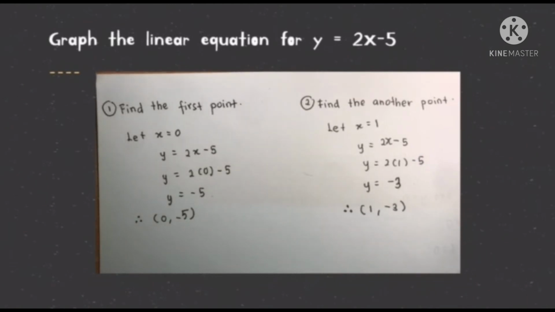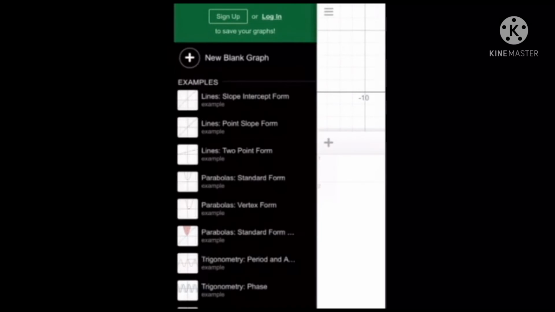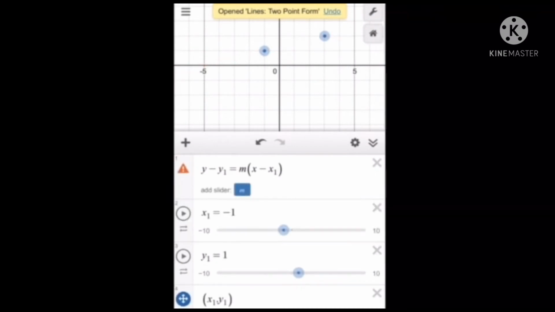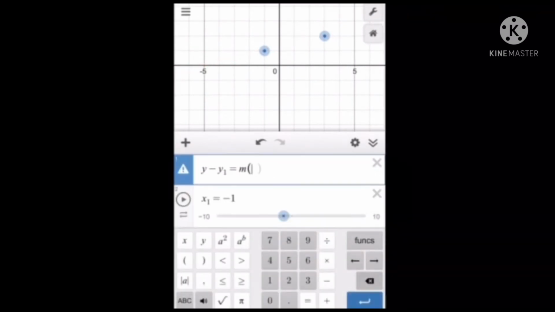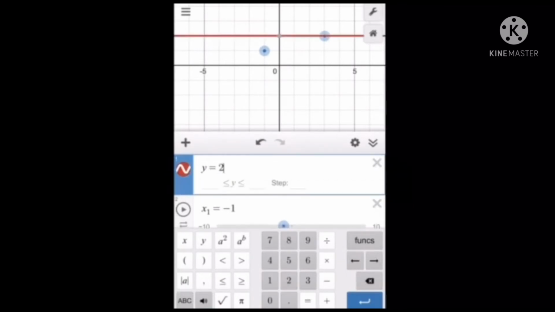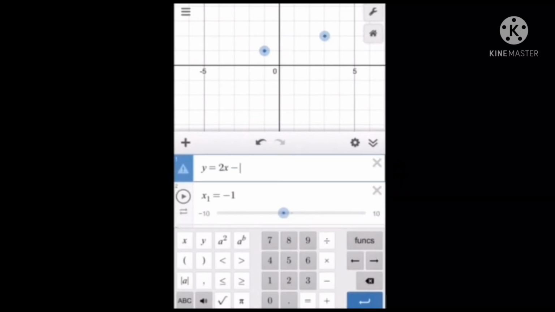And we can do the graph by using Desmos. Just click the 2-point form and then we need to substitute the slope-intercept equation, which is y equals 2x minus 5, sorry.